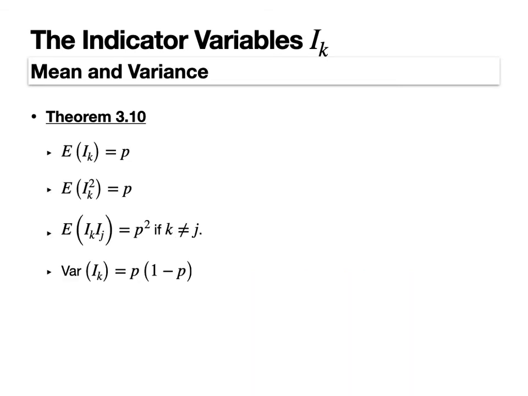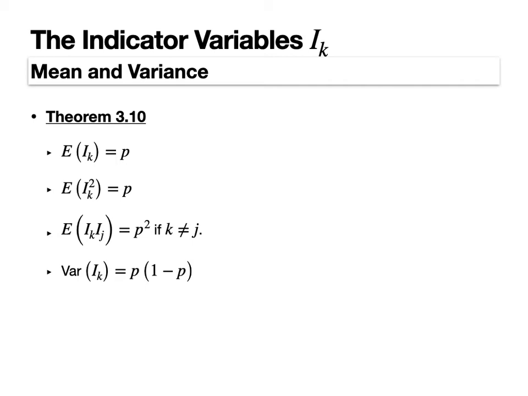And theorem 3.10 elucidates some of the main properties of these Bernoulli random variables in terms of their expected values and their variance. The expected value of any of these I sub k's turns out to be just the success probability P. The expected value of the square of any of these random variables is also P. We're going to need to know the expected value of the product of two different indicator variables.